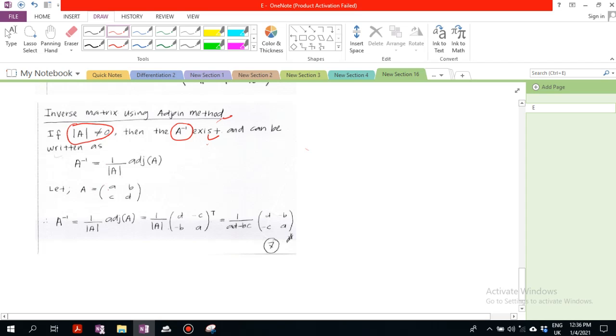So for example, you have a 2 times 2 matrix A, B, C, D. So in order to calculate the inverse matrix, you use this formula, 1 divided by determinant times adjoint of matrix A. So the determinant is A times D minus B times C. Then the adjoint matrix is D, negative B, negative C, A. Okay, so this is the formula of inverse.